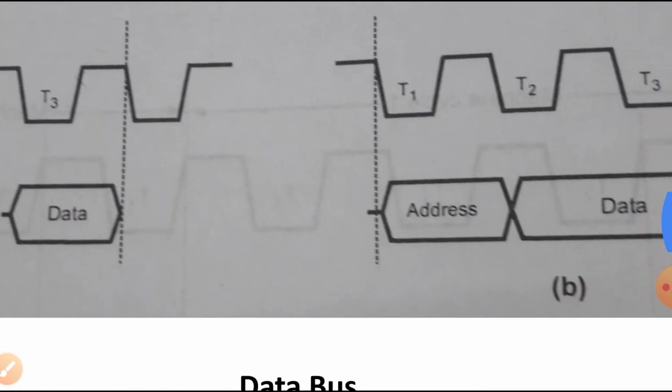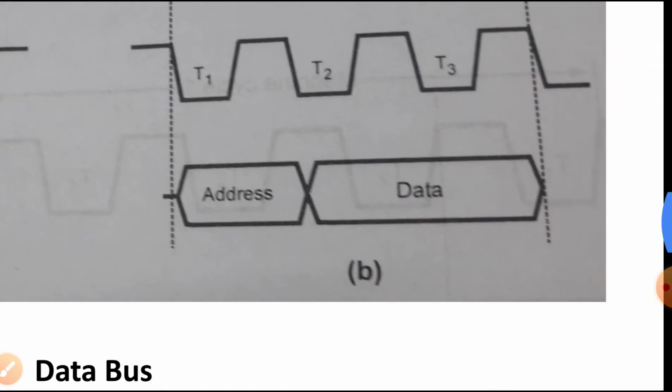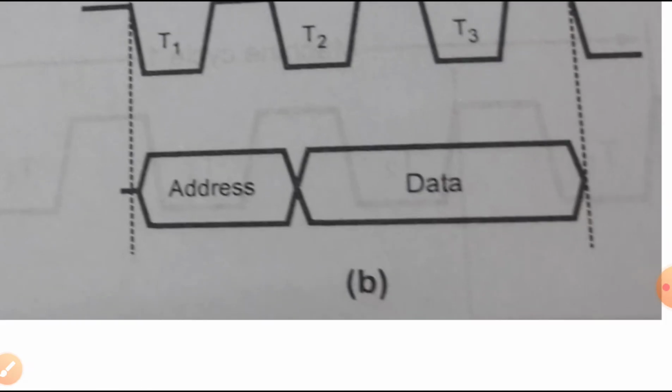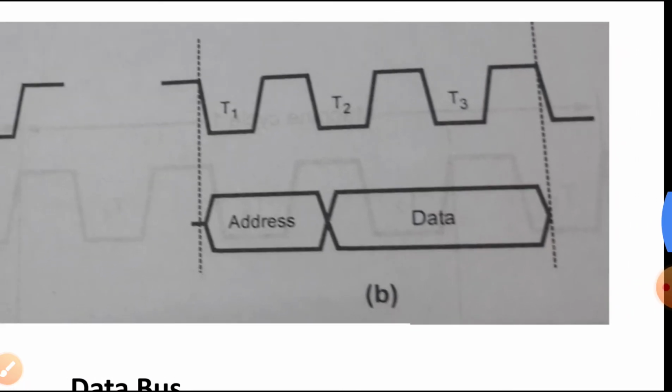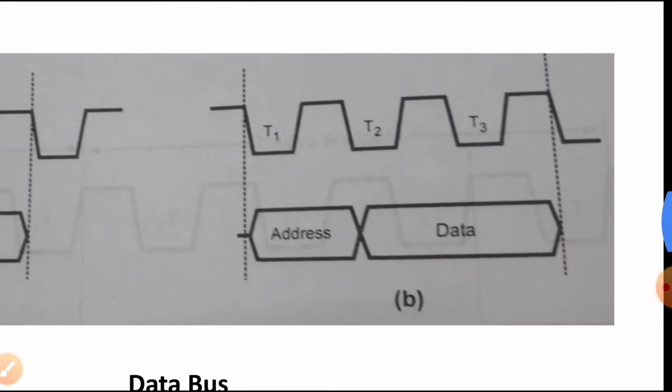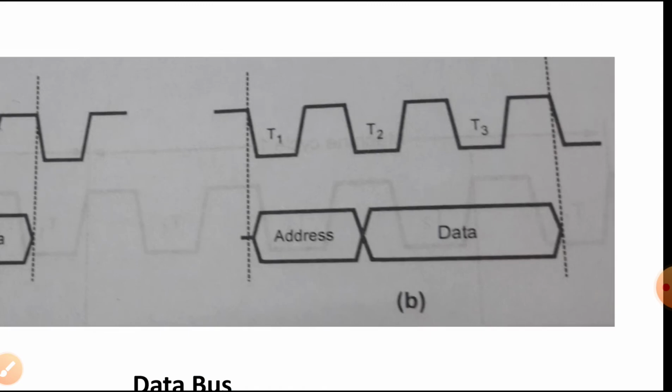Whereas in the write operation, in the write cycle, data will appear on the data bus at the beginning of the T2 state. See, there is a little bit of difference. To read data from the memory or the input output device, it is necessary to first select the memory or the input output device.